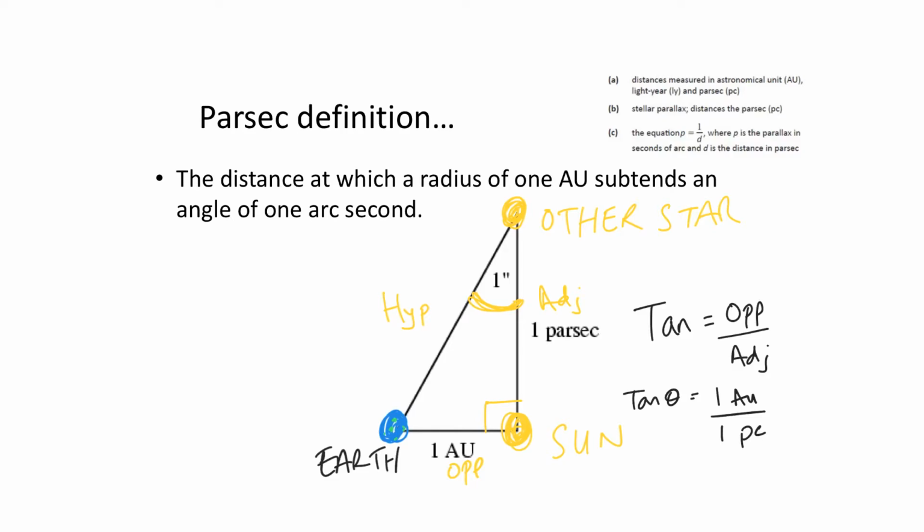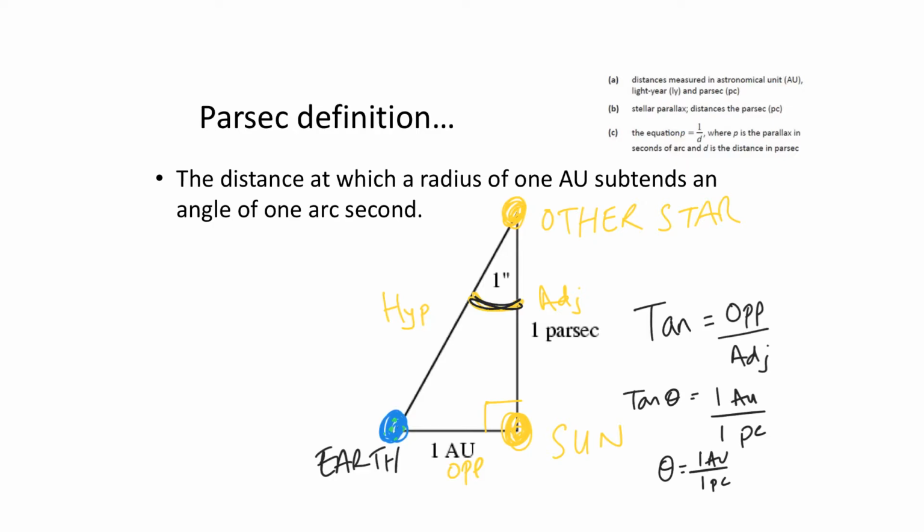Now at this stage, I don't know if you've done the small angle approximation, but given that this angle, and more on that in a second, is so small, tan theta can actually just be written as theta. So you'll see the small angle approximation, or take a look on Google, small angle approximation. So we've got theta equals 1 AU over 1 parsec. Now, as you'll see, this is starting to get quite tricky, potentially, but do bear with me.